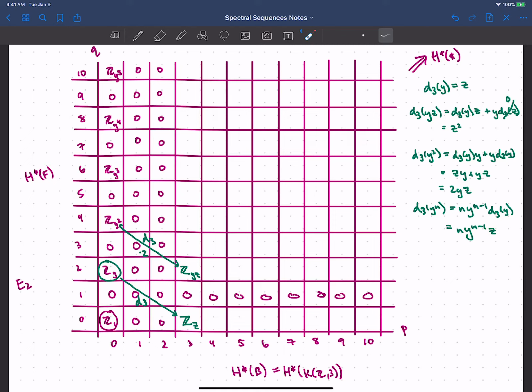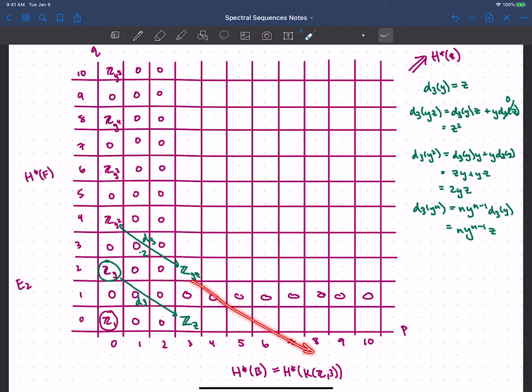So if this map is 0, then we'll have z mod 2 show up on the E3 page. And in fact, if this map is 0, it can't support a D2. It can only support a D3 because D4 would be out here past the first quadrant.